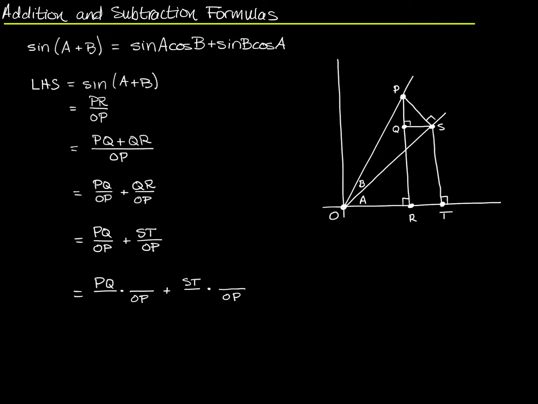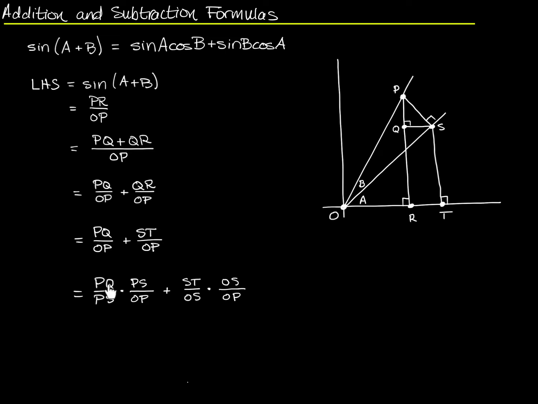Instead of writing it as 1, though, I'm going to write the first one as PS over PS. Now, all I've got here is two fractions, which when you multiply them together have factors that will cancel in the numerator and the denominator. So I end up with PQ over OP, which is what I had here. I'm going to do the same thing here, except I'm going to use OS over OS.